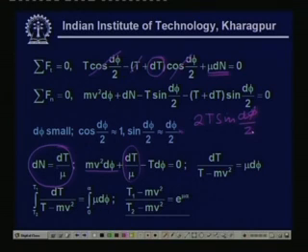So, that comes out to be sin d phi by 2, d phi by 2, 2 cancels. So, that simply gives t d phi. Of course, the product of dt and sin d phi by 2 can be very well ignored in this particular equation.